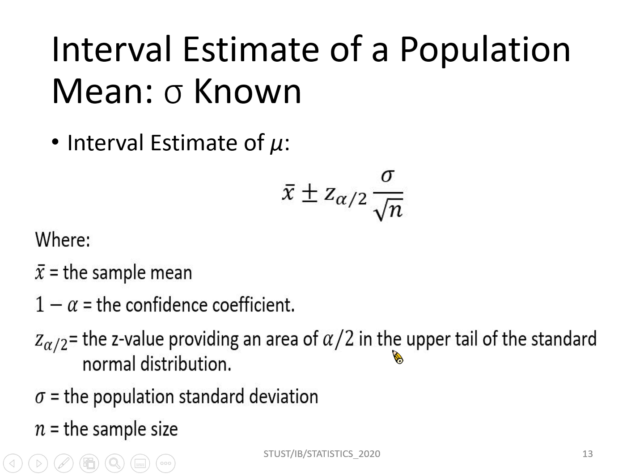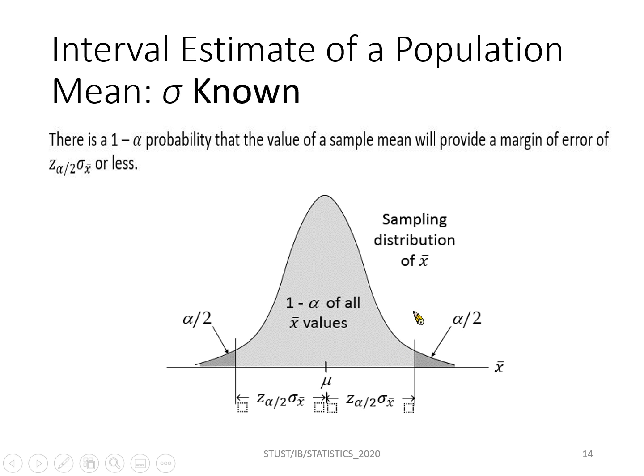So in such a formula, you will find why we need to divide alpha by 2. That means there is a 1 minus alpha probability for the value of the sample mean we will calculate. If it is a normal distribution, then we will know the probability we would like to know.